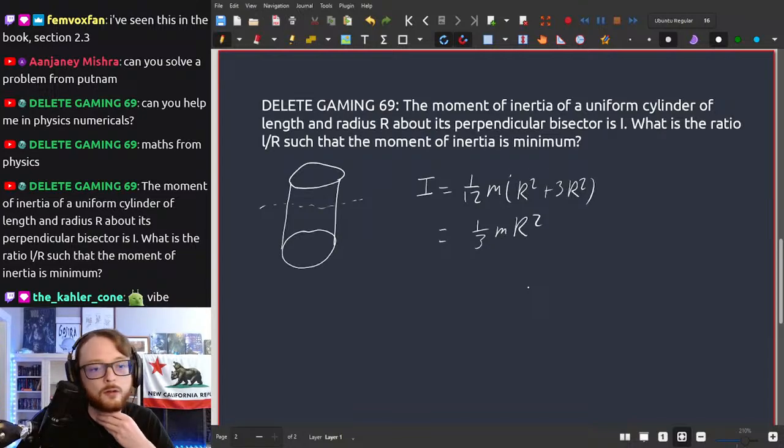Okay. And so they're asking us to find the ratio I over R such that the moment of inertia is minimum. Or the ratio L over R? Oh, did you leave off the L in this problem?